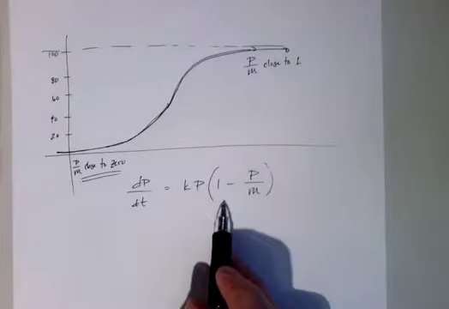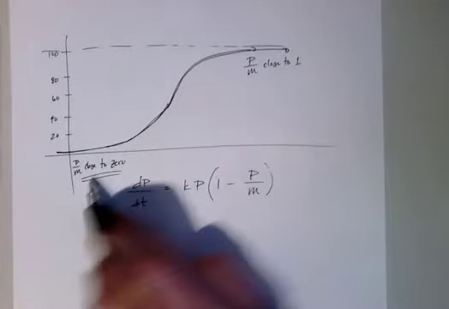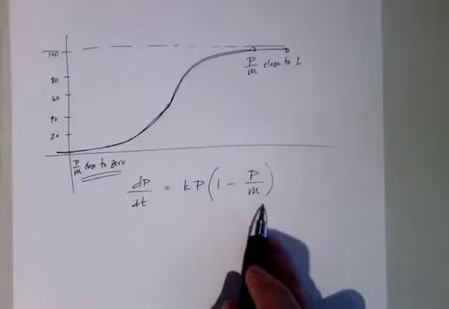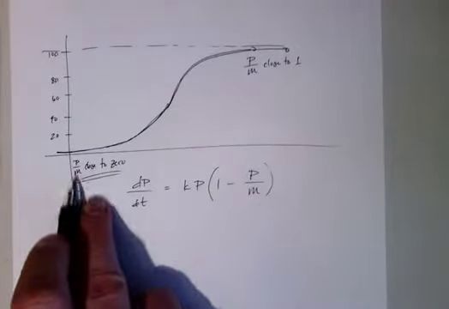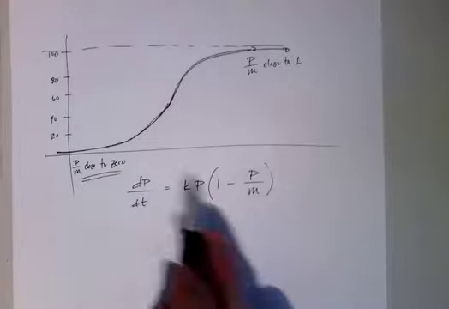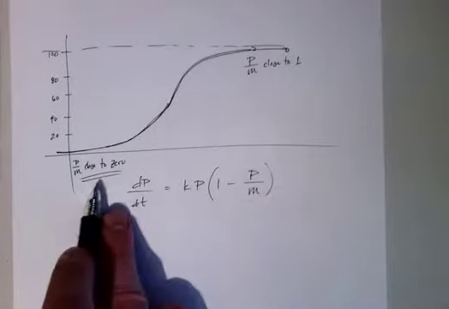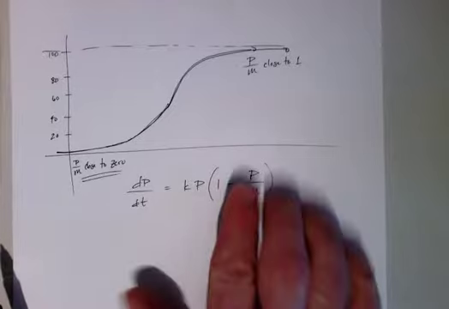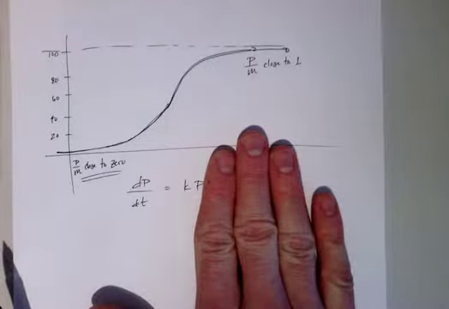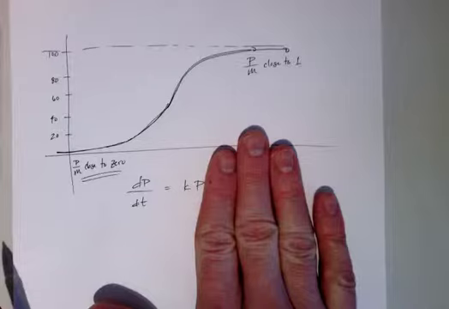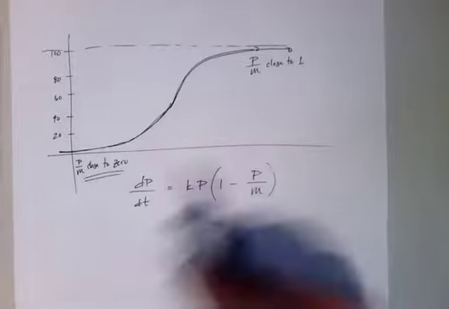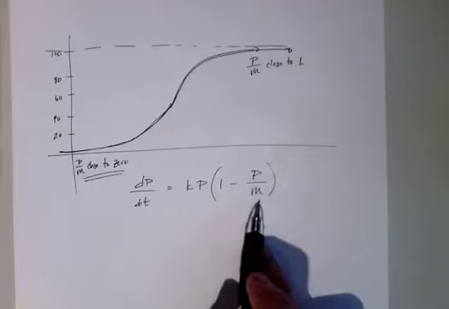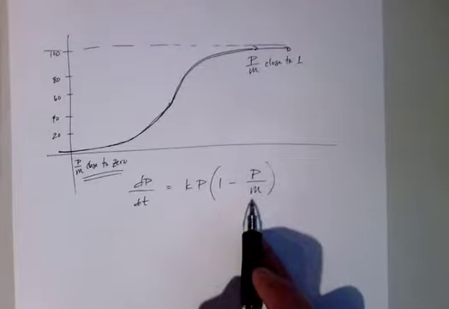And now you can see what the difference between those two values does. Over here, if P over M is close to 0, then 1 minus P over M is close to 1, and this rate of change looks a whole lot like that rate of change, which is the exponential one. But as you get up here, this starts to go towards 0 because this ratio goes to 1.